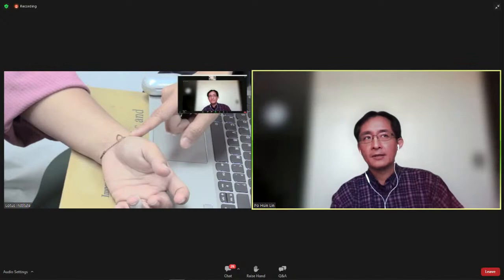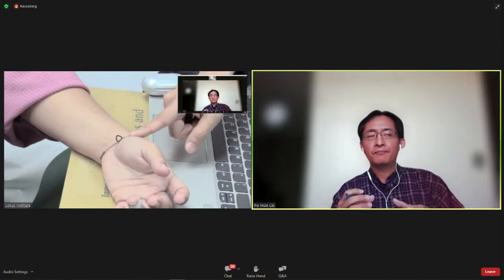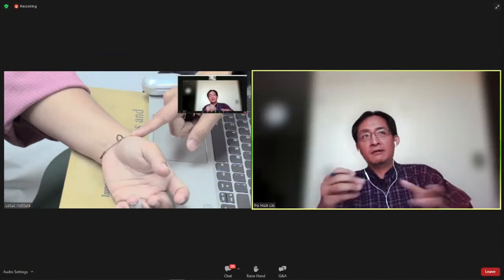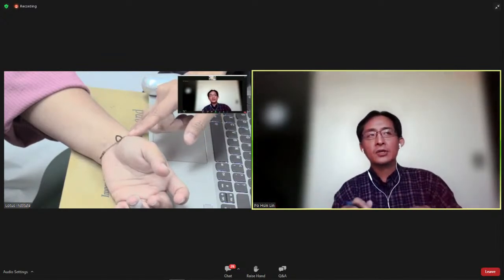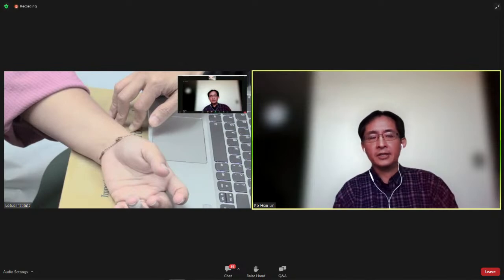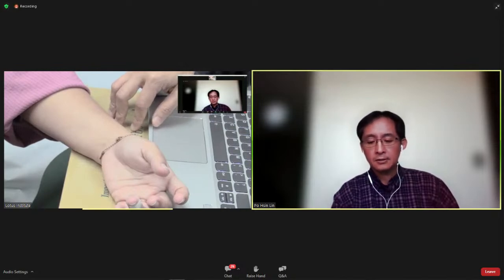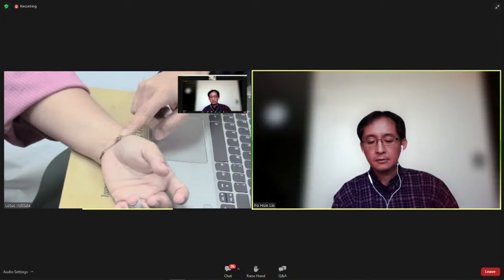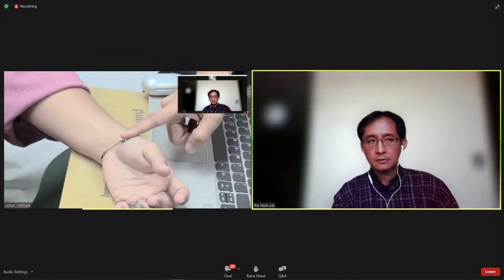Then you should be careful to feel the flow of the blood, the liquid in the vessel, and make sure the quantity of the blood is enough or not.